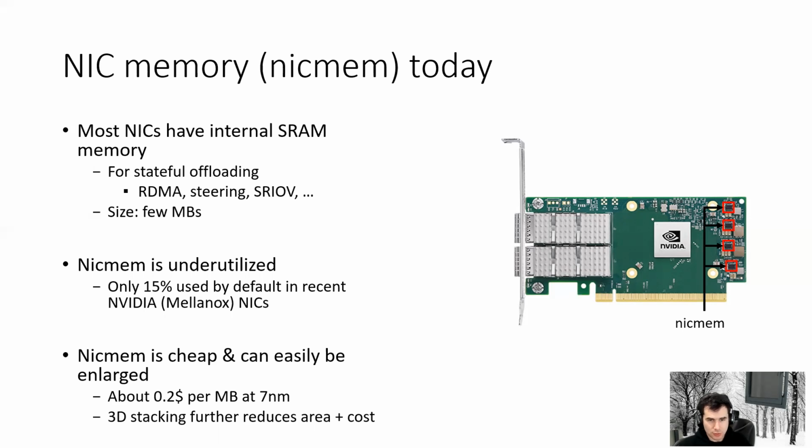Finally, it is possible to enlarge this memory at relatively low prices. A back-of-the-envelope computation shows that it takes about 20 cents per megabyte at estimated 7 nanometer wafer prices. And technologies such as 3D stacking can further reduce Nicmem cost.